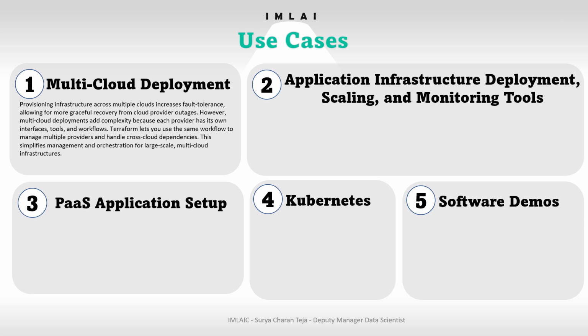However, fundamentally the services they provide are the same, but the names of the services change, with a slight complexity attached to that. So Terraform lets you use the same workflow to manage multiple providers and handle cross cloud dependencies. This simplifies management and orchestration for large scale multi-cloud infrastructures.